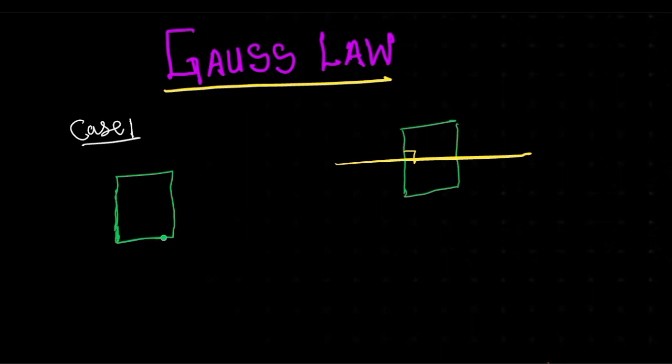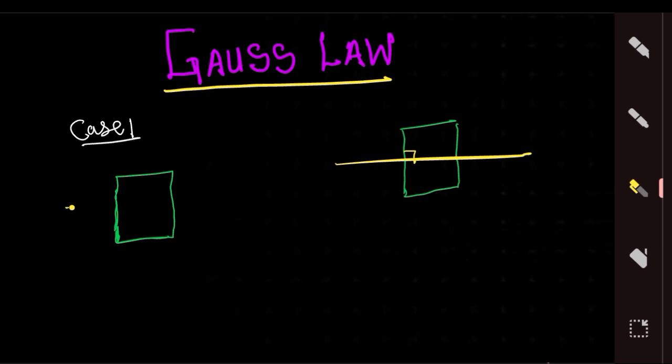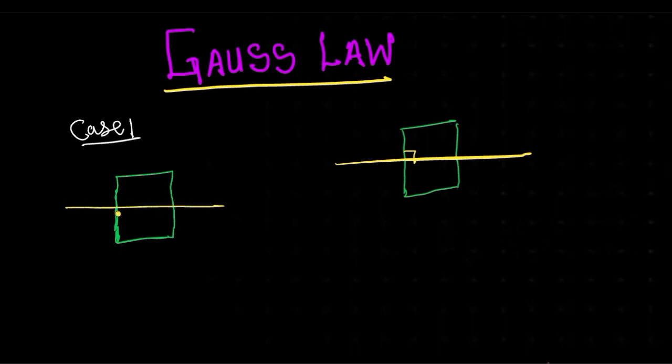Let's define a normal. This is N, at an angle perpendicular to the surface.